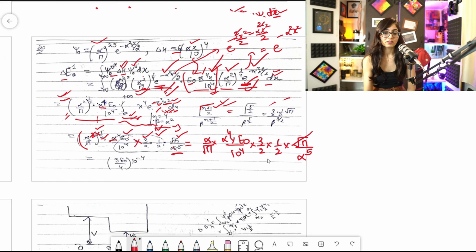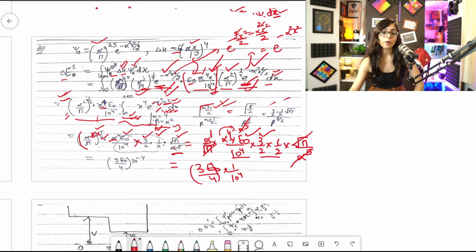So root pi will get cancelled out, and alpha into alpha 4 will become alpha 5, because the bases are the same so the powers get added, and this alpha 5 and alpha 5 will get cancelled out. So what is remaining? The only thing remaining is 3 E naught over 2 into 2 and 10 raised to power 4. So the answer will be 3 E naught by 4 into 1 by 10 raised to power 4.